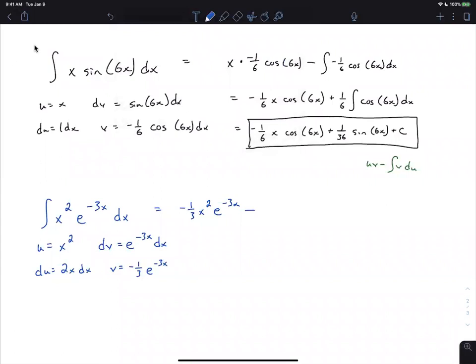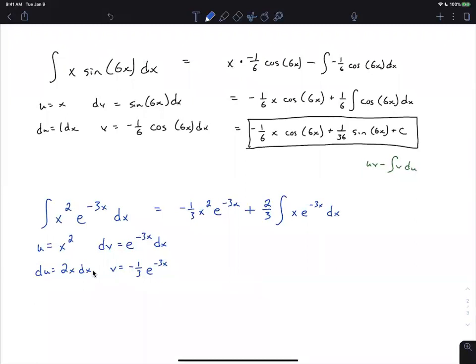Negative 2/3. And we're going to pull that out. Because it's minus, we're going to go ahead and make it plus 2/3. That's dealing with the coefficients. Inside, we're going to have e to the negative 3x, x, and dx. The normal way to write that would be to put the x first, the e to the negative 3x next, and the dx last.